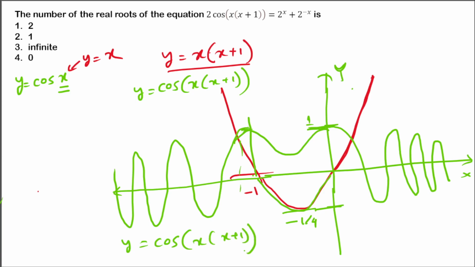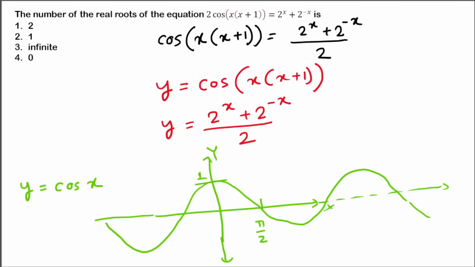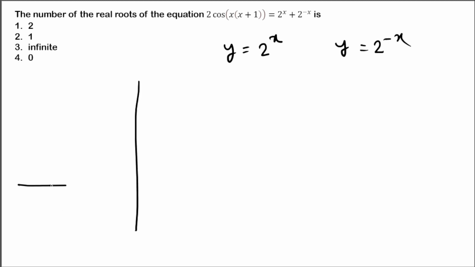This is the first graph. And what is the second equation? The second equation was this one. Now this was a combination of these two equations, y equals to 2 to the power x and y equals to 2 to the power minus x. So the 2 to the power x graph is simply this.